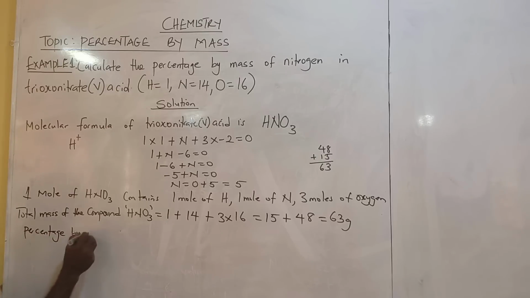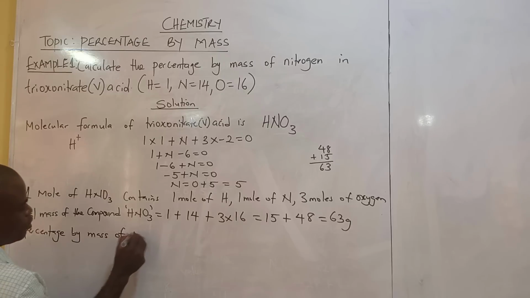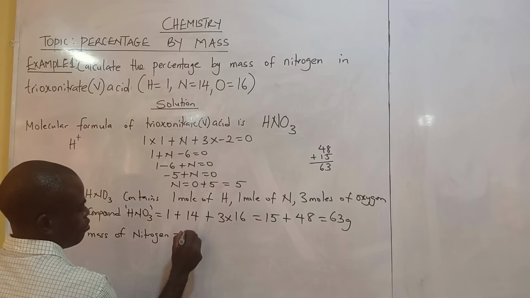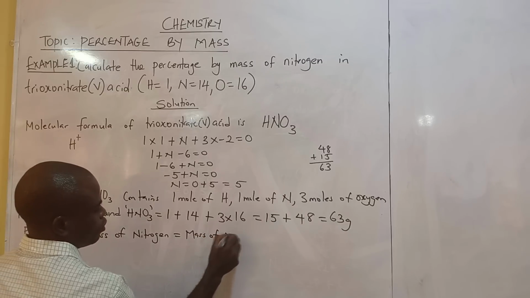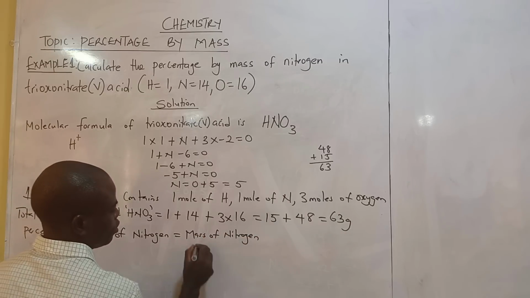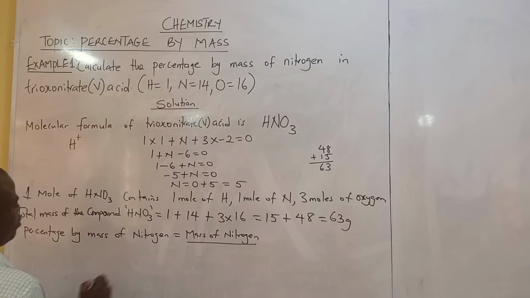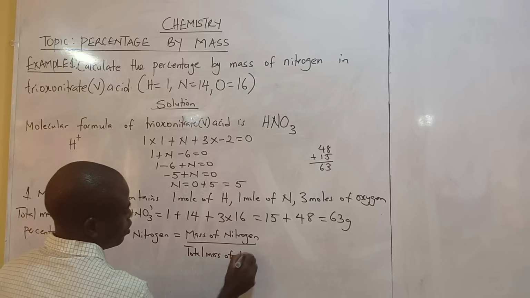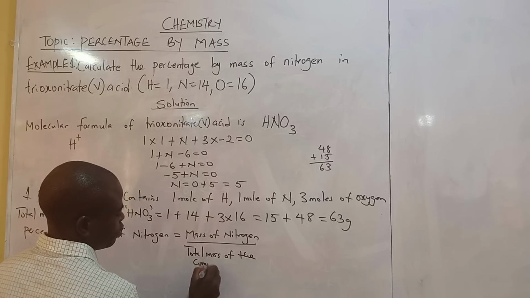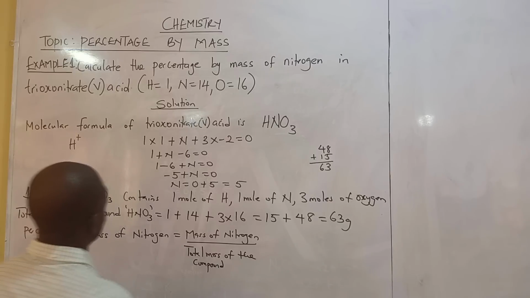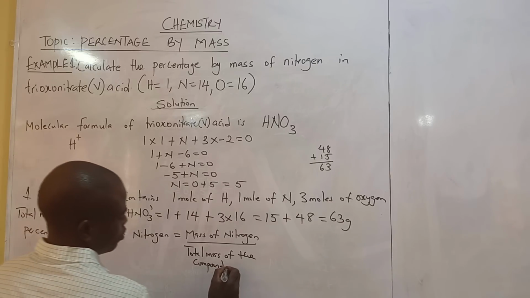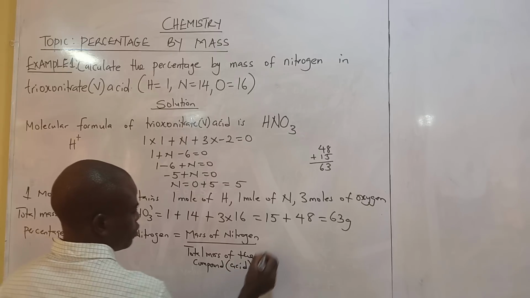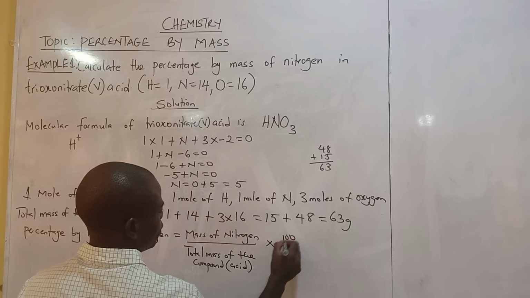Percentage by mass of nitrogen equals mass of nitrogen over total mass of the compound, which is the acid, times 100 over 1.